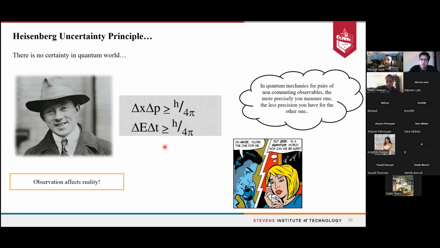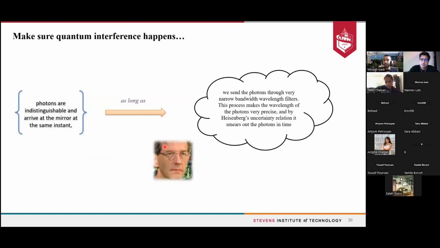Observation affects reality. In their experiments, based on his proposal, they sent the photons through very narrow bandwidth wavelength filters. Once it goes through that filter, the photons are going to have very sharp wavelengths. You can say, for example, this one is 650, the other one is 850.